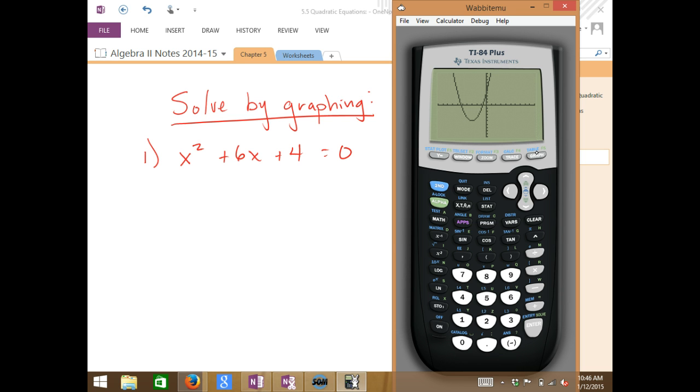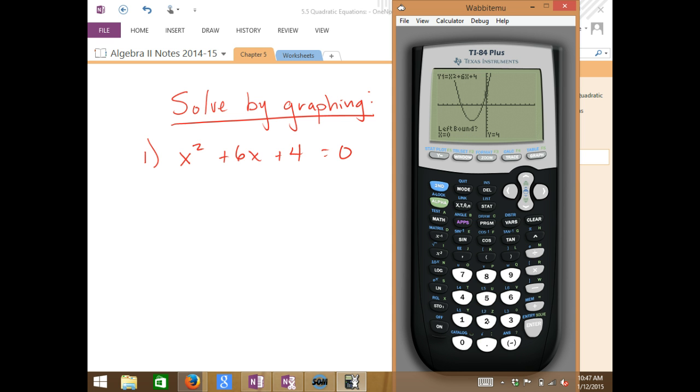To do that, you're going to hit second trace. On second trace, they give you a bunch of options. The option that we're going to choose is number 2, the 0. The idea is that we took the equation and set it equal to 0. That's why they call it the 0. So we're going to hit number 2.